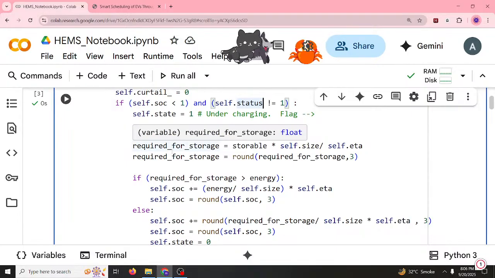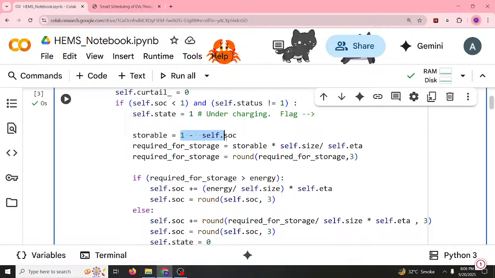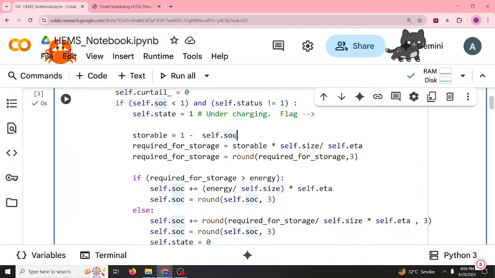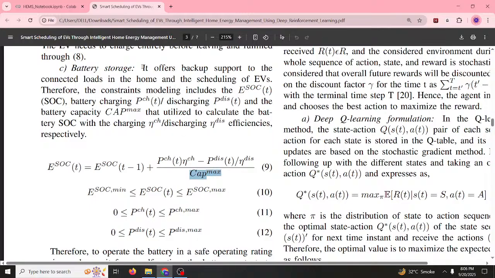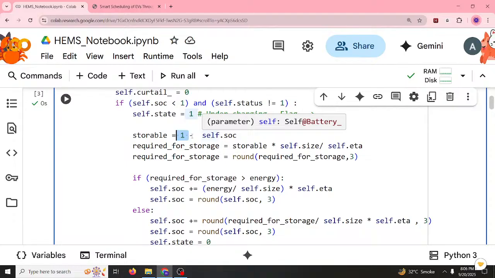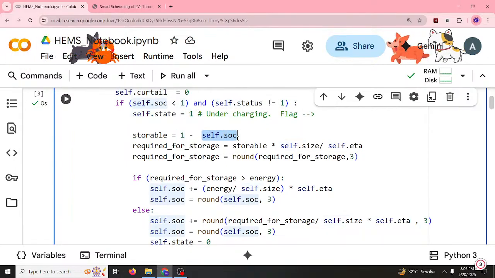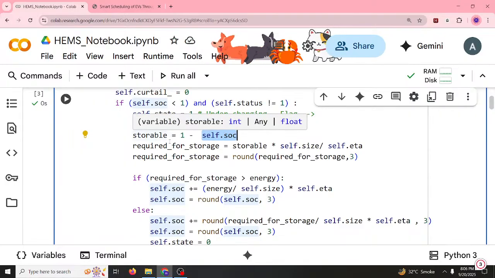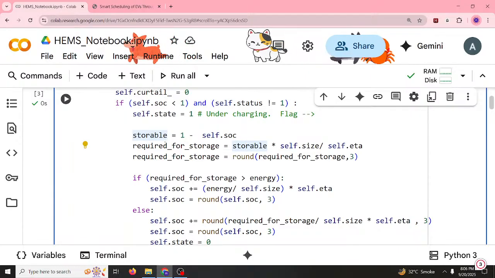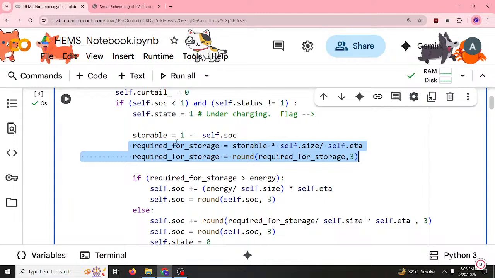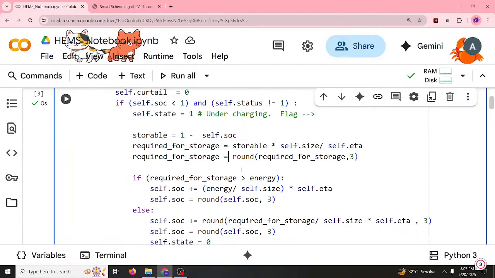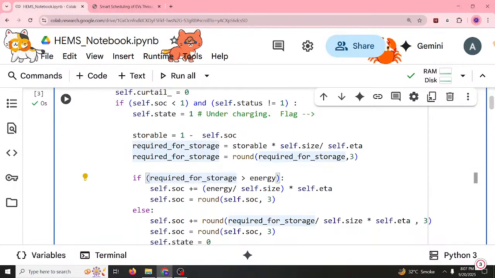Then we assess the amount for which we have to charge the battery. Here, total SOC is 1.0, as we have normalized with the overall capacity of the battery. So it is 1 minus the current amount of charge available inside the battery, and we get the storable amount. Here we are checking the condition that the incoming energy can actually be stored, comparing the required energy with the incoming energy.